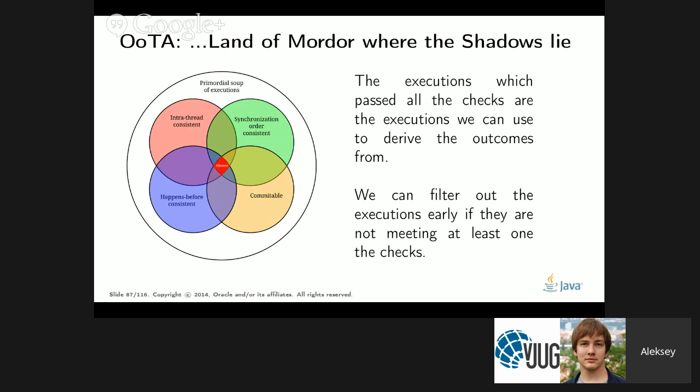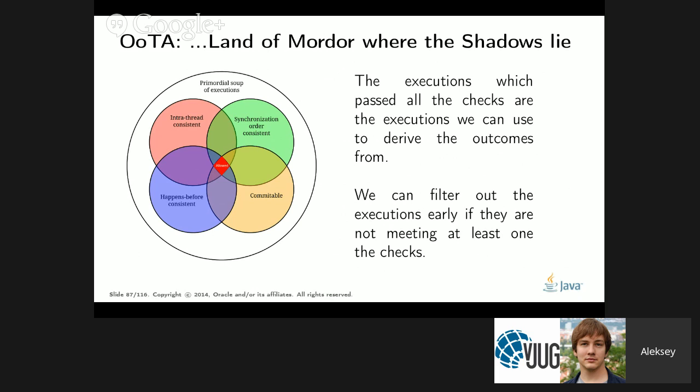And this is why most of the time you don't really go into the commit semantics, because frequently, after you filter out the executions which are not interthread consistent, not synchronization order consistent, not happens-before consistent, all the executions that you have on your hands yield the same outcome, and you don't really care which one of those executions is committable.